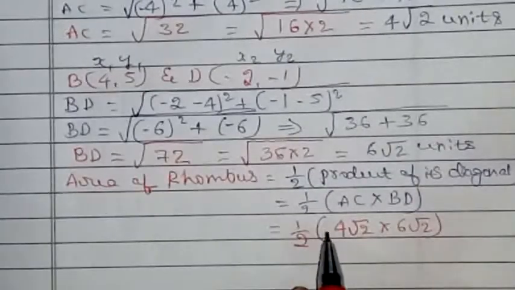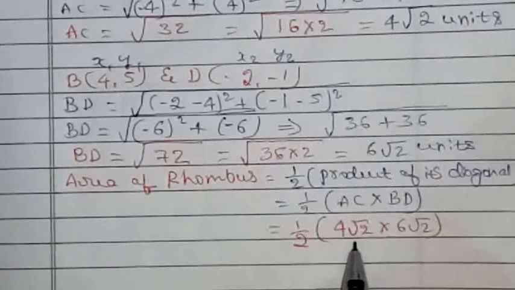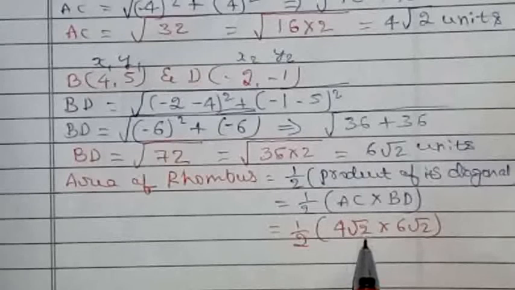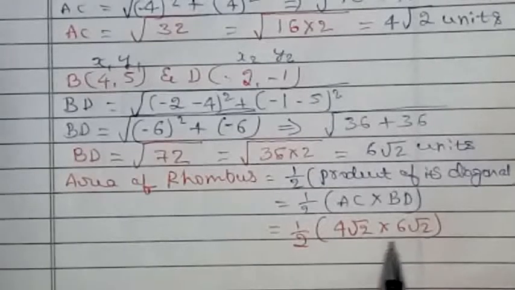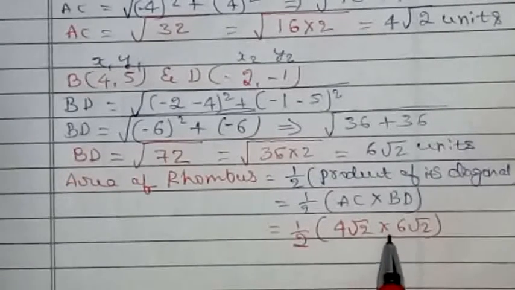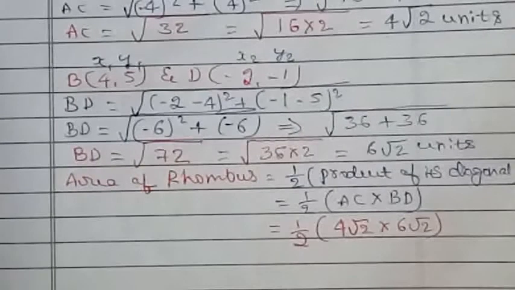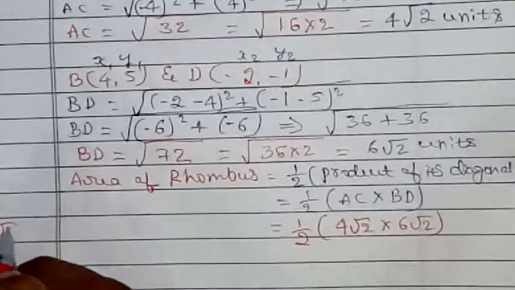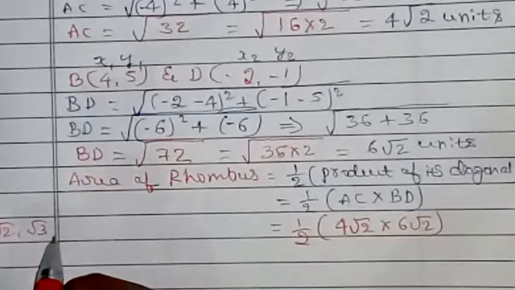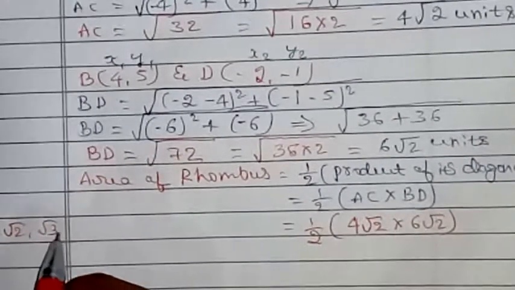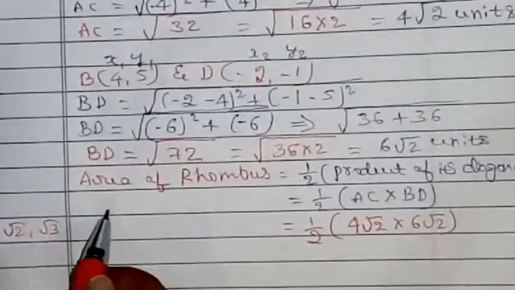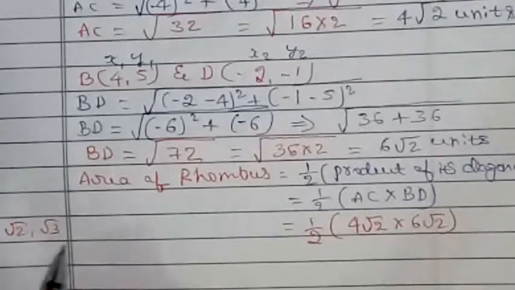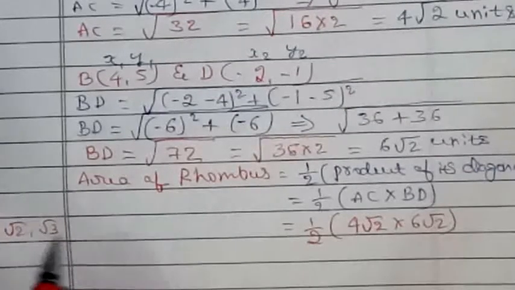Now simplify this. Whenever you are simplifying these types of numbers, nothing but the irrational numbers, root 2, they are called surds, children, right? So I'll write here: root 2, root 3 are all called surds. Whenever you need to multiply these types of numbers, these numbers are called surds.